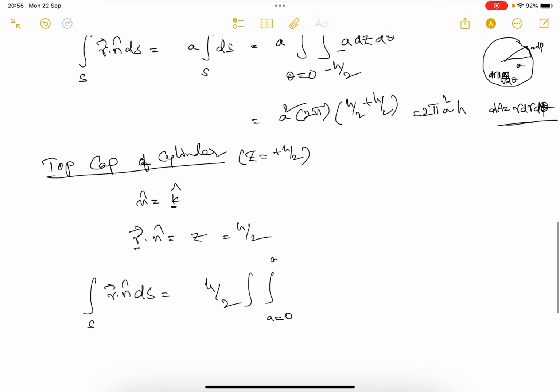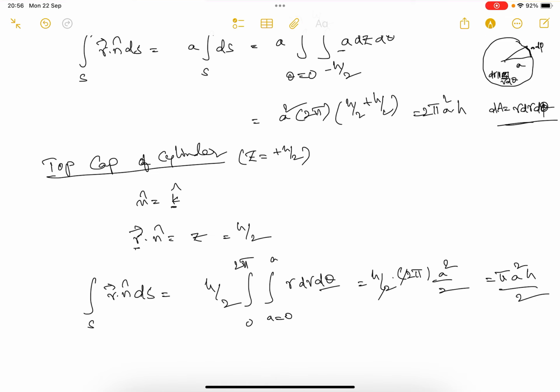What you have here is the integral from 0 to 2 pi of h by 2 into r dr d theta. If you integrate d theta first, it will be 2 pi. The integral of r dr is r square by 2, which is a square by 2 finally, right? This 2 will get cancelled, then this will be pi a square h by 2.